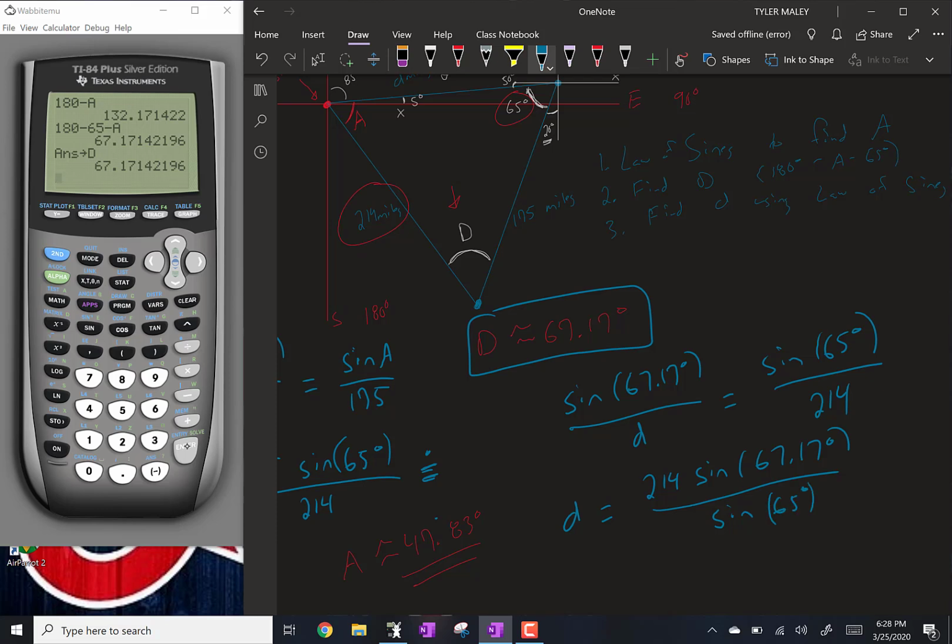When I reference this 67.17 degrees, I stored it as alpha D so that I can get a more exact answer. So if I take 214 times the sine of alpha D and divide that by sine of 65, I get little d is approximately, rounding to the nearest tenth, 217.6, and that would be miles.